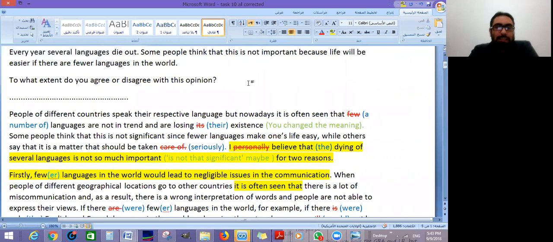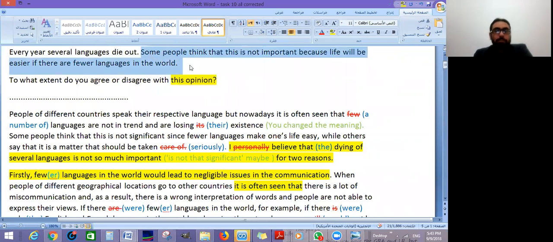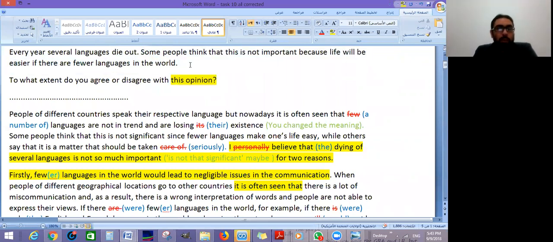To what extent do you agree or disagree with this opinion? So when we're saying this opinion, we're talking about this one here.